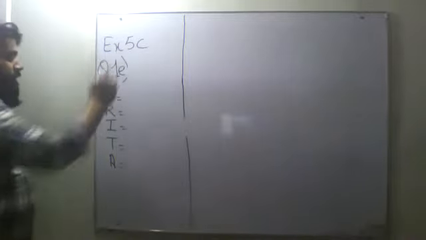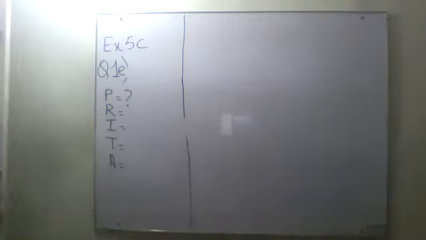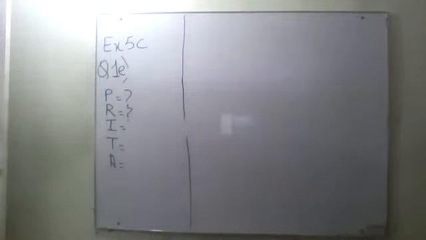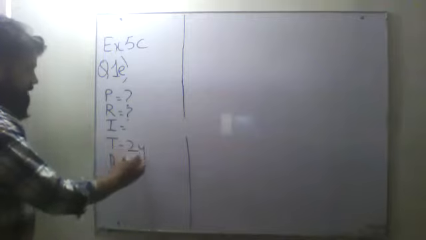1E we are going to do. They are saying in 1E we have to find principal. They haven't given us principal. In 1E they are also telling us to find rate. That is also not given. And time, 2 years, is given.